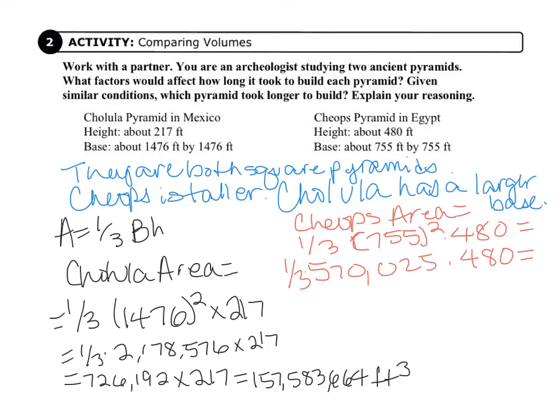So I'm going to multiply by 480 first, and when I do that, I get a giant big number, and I'll write it for you. It's 273,612,000. So that's 273,612,000, and that I'm going to take and multiply by 1/3.